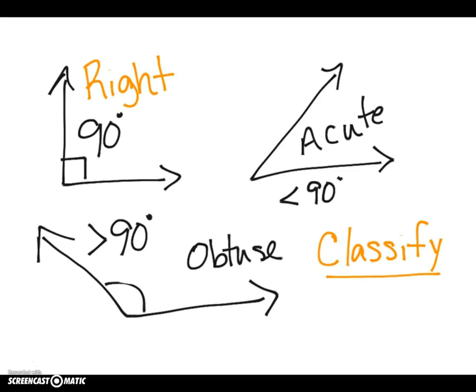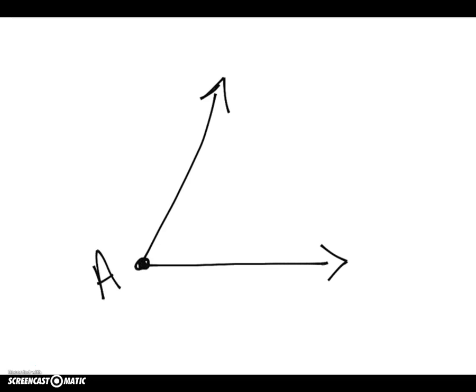Next, we need to talk about what happens if we cut an angle in half. So if I have this angle, and we're going to say that this is angle A, and I'm going to tell you that to start with, angle A's measurement is, we'll say, 80 degrees.